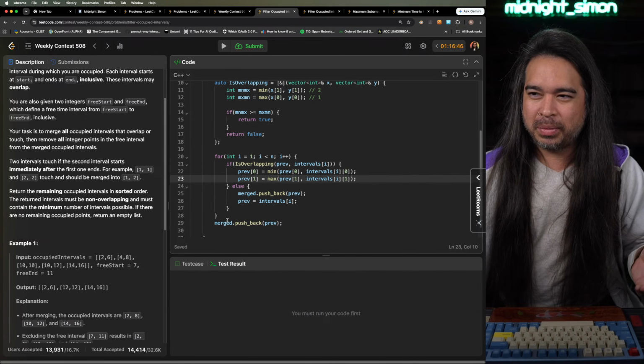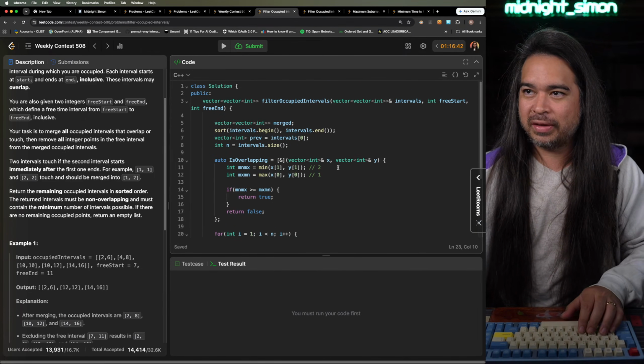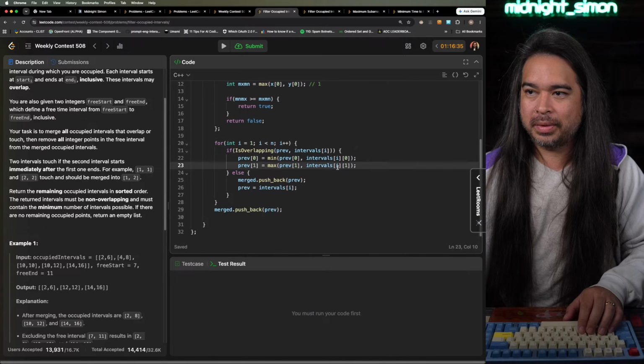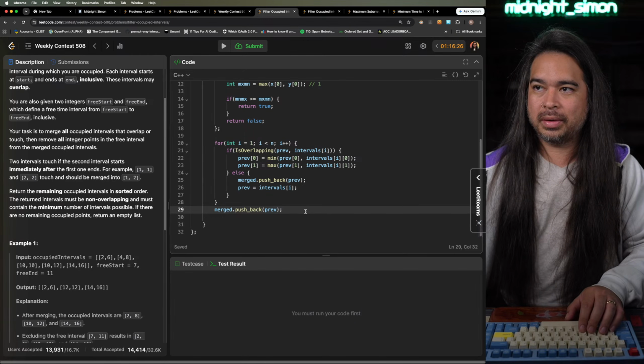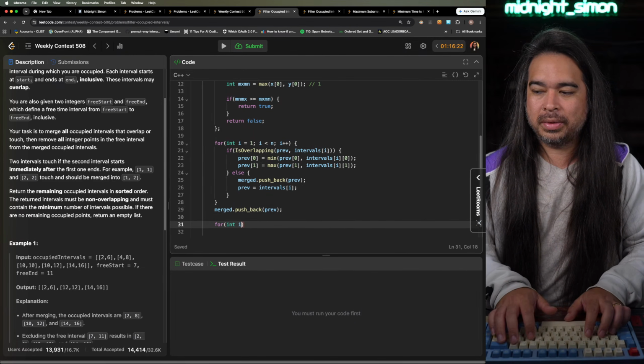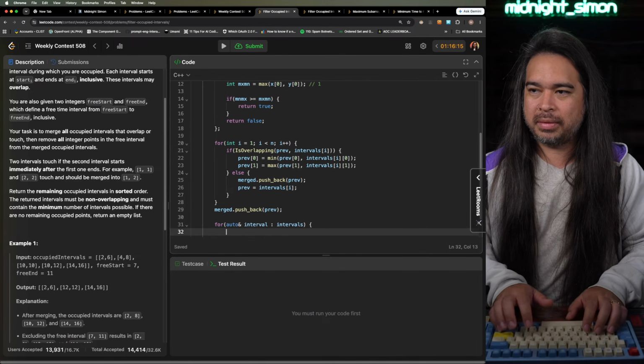Alright, so now we got the merge stuff. Now we gotta remove the free start, free end stuff. Let me think about how am I gonna do that? So I guess I'll just iterate through. Do I need that, or can I just say like that?